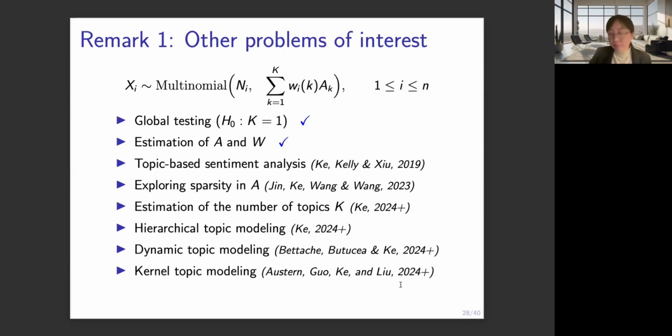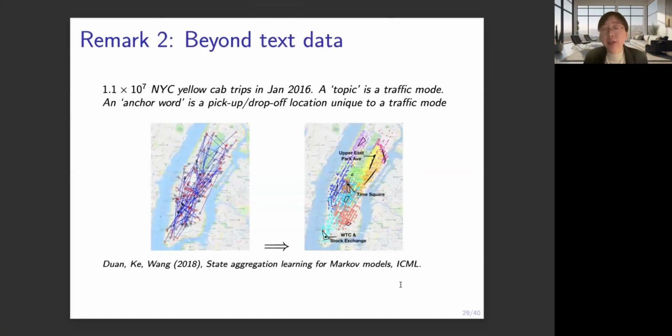Okay. The second remark I want to make is that although I talk about text analysis, it doesn't mean that it can only be applied to text data. So basically what we do in this topic model is that we have a factorization structure on some particular count matrix. And all these techniques can be extended to non-text data.